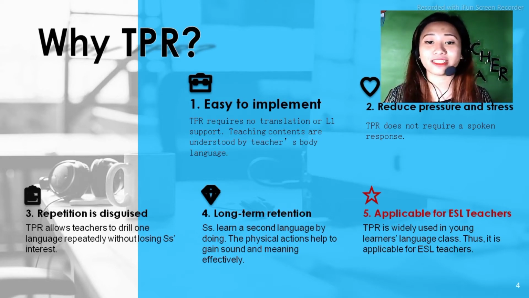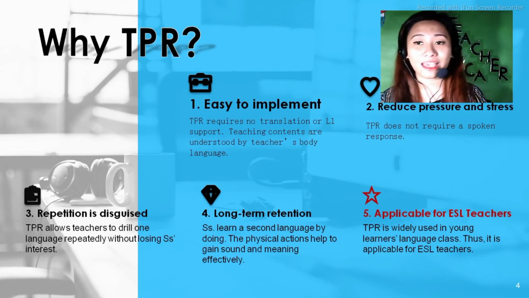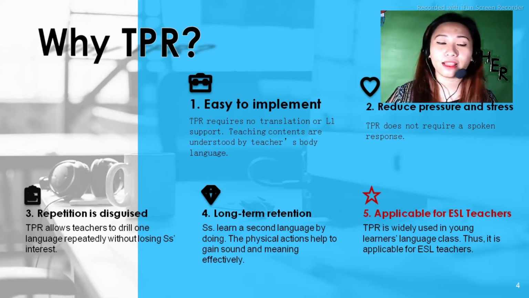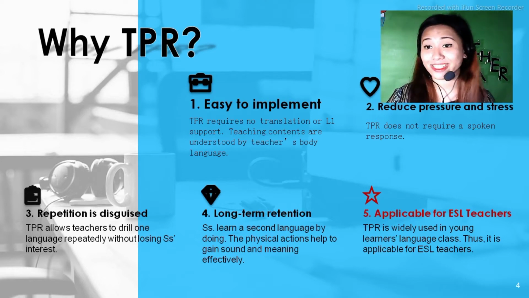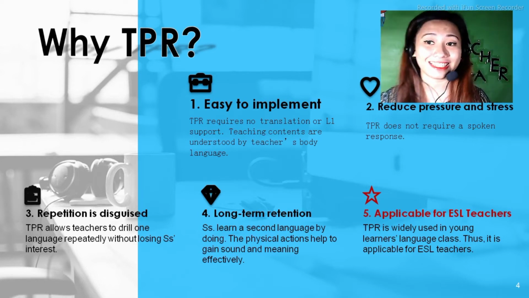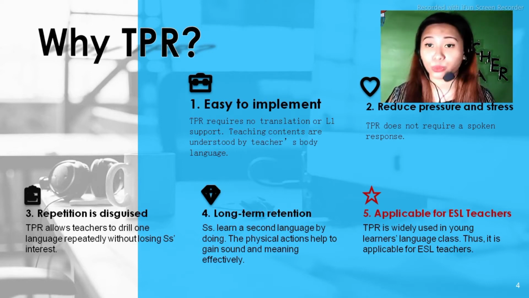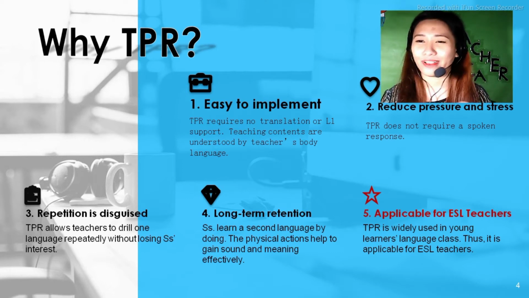Those actions don't need to be translated to the student. If the student is Chinese, Japanese, or Korean, you don't need to translate it to their mother tongue or first language, such as Chinese or Mandarin. You just need to do the action and say the English word so that the student can understand and also add vocabulary.